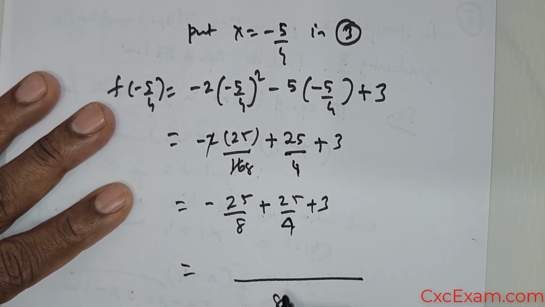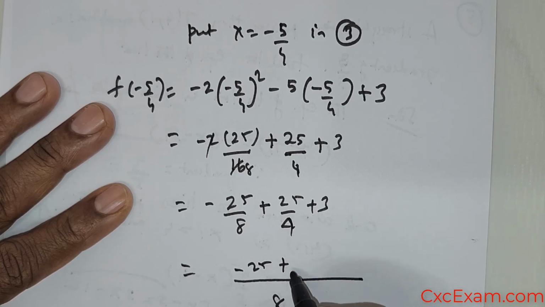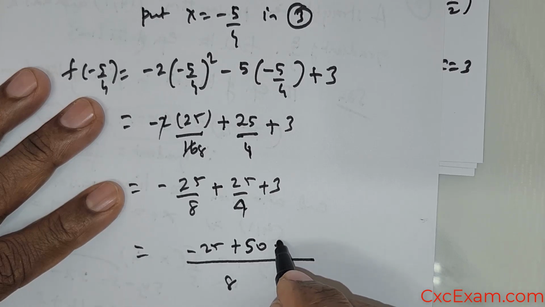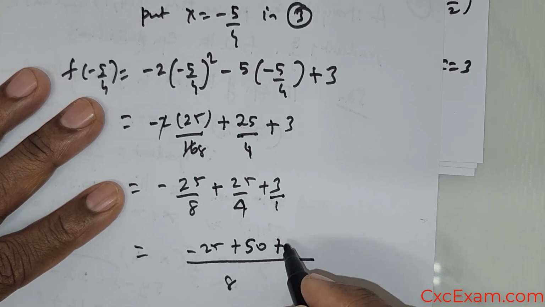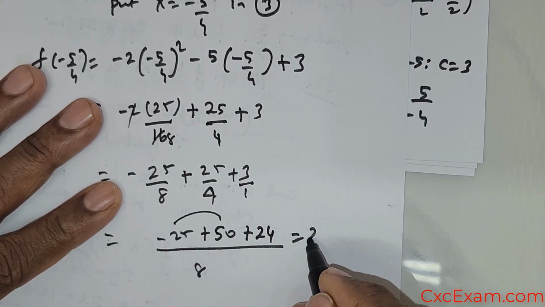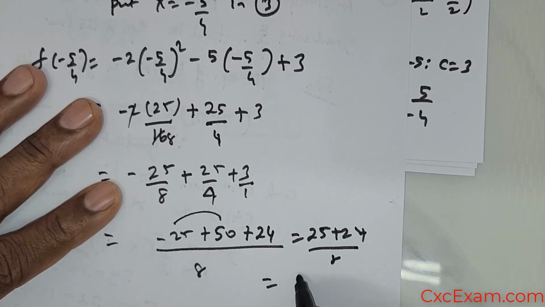I take the LCM as 8. This is 25. 4 divides 8 2 times, so it's going to be 50. And you have 1 there. So 8 times 3 is 24. These two added together will give you 25 plus 24 divided by 8, which is 49 over 8.